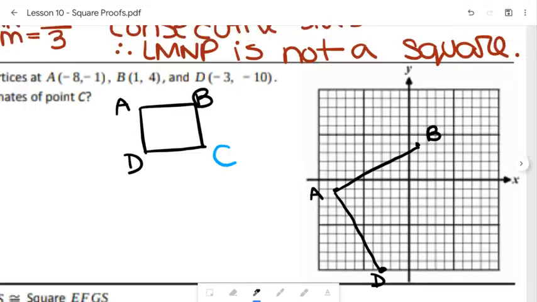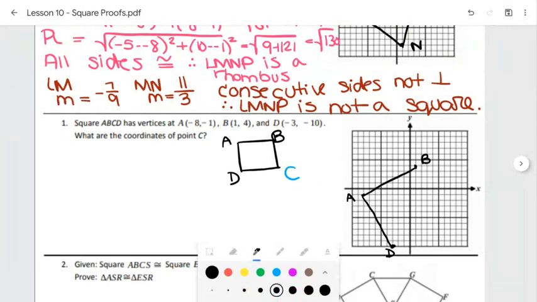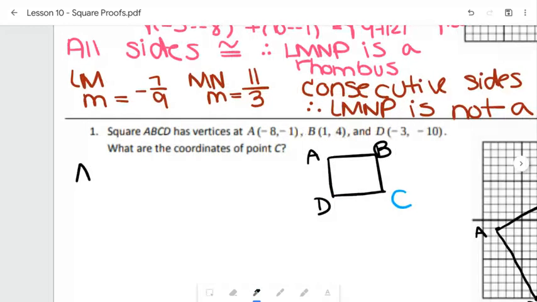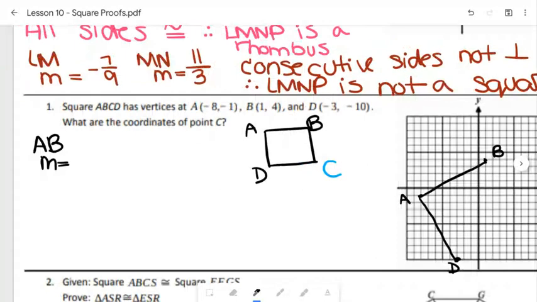And we can see that there's a perpendicular line. We could check with their slopes. So I'm going to start with that. My slope of AB, okay, if I look at that, it's up 1, 2, 3, 4, 5 over 9.